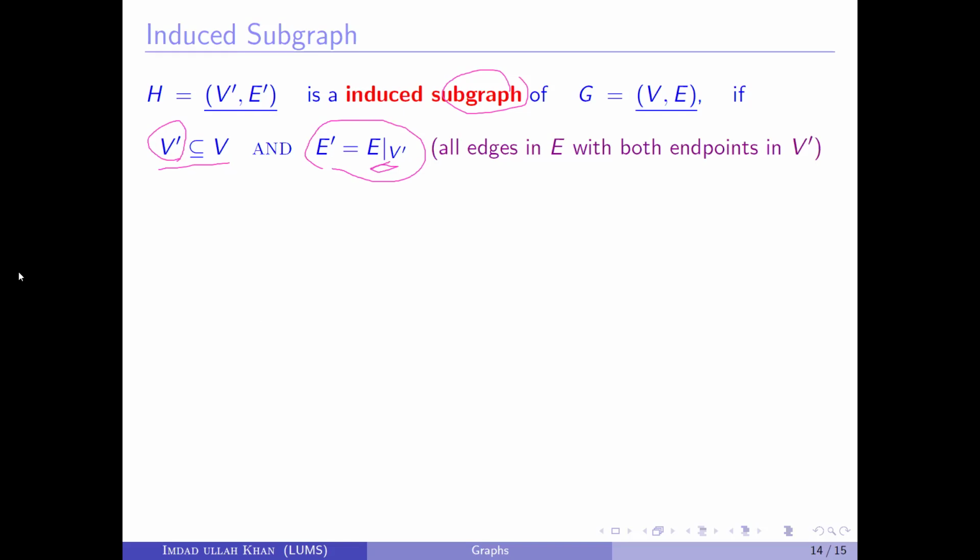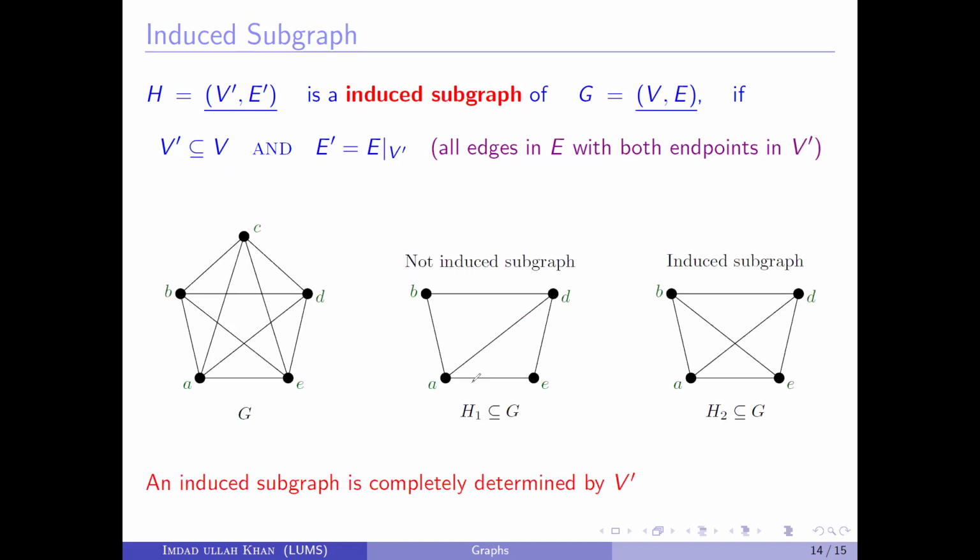If you look at the original graph G, in H1 we are saying that this is not induced. Why? We are fine with C. C can be removed and we don't have any issue. But the problem is that the vertices which we have selected are these four vertices, A, B, C, D, so there are some edges which are missing. For example, the edge between B and E is missing.